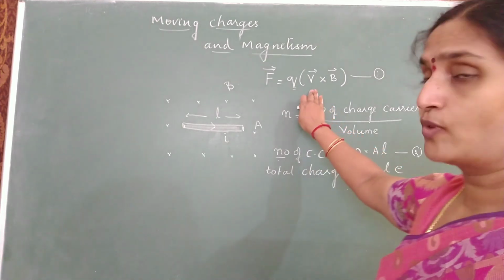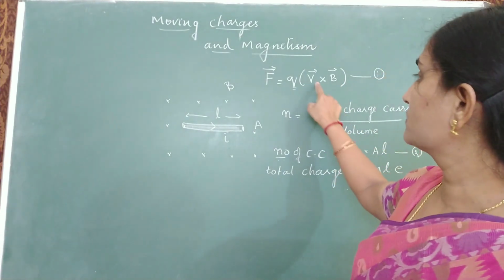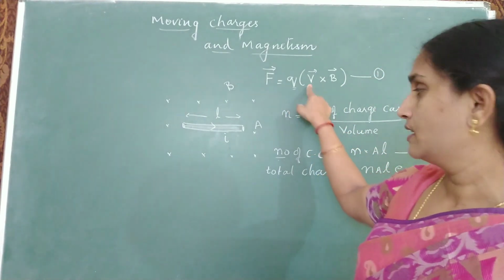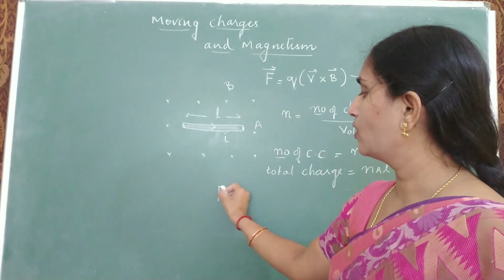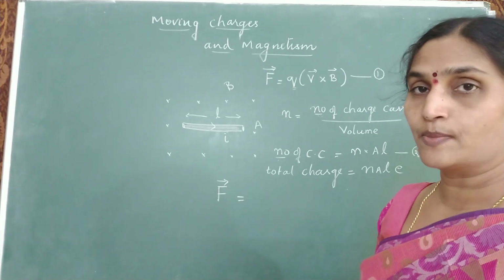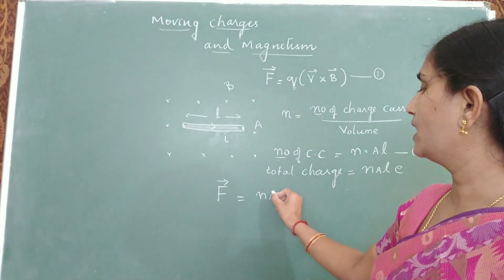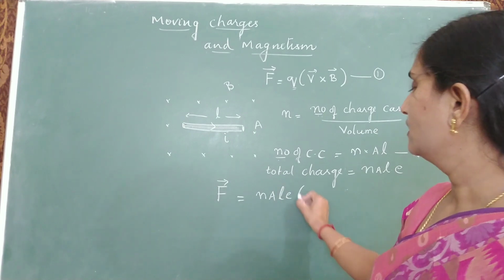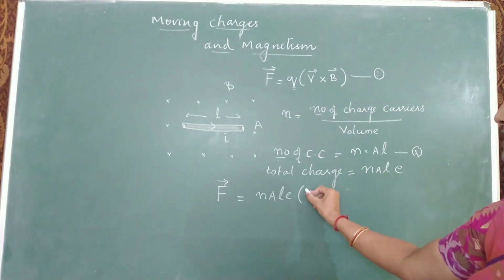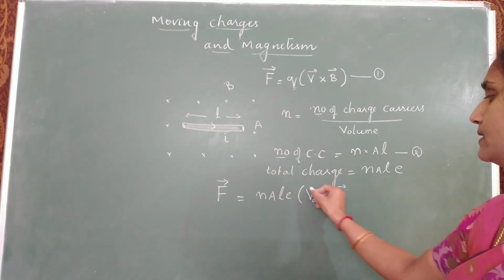Now if I use the formula F equals Q into V cross B, we know the speed of these electrons is the drift speed. What would be the force acting on all these charge carriers? The total force must be equal to, replacing the total charge as nAL into e, into the drift speed, cross magnetic field.